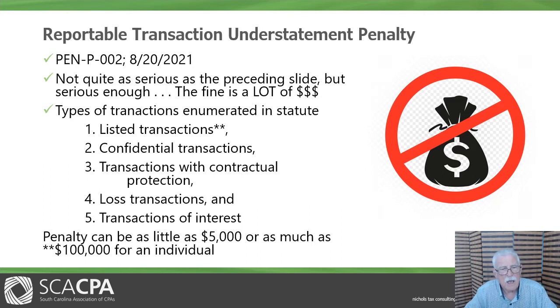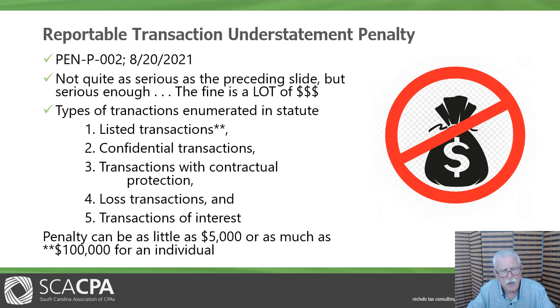Now, listed transactions are specifically identified by name. The last four, confidential transactions, transactions with contractual protection, loss transactions, and transactions of interest, are identified by their characteristics.